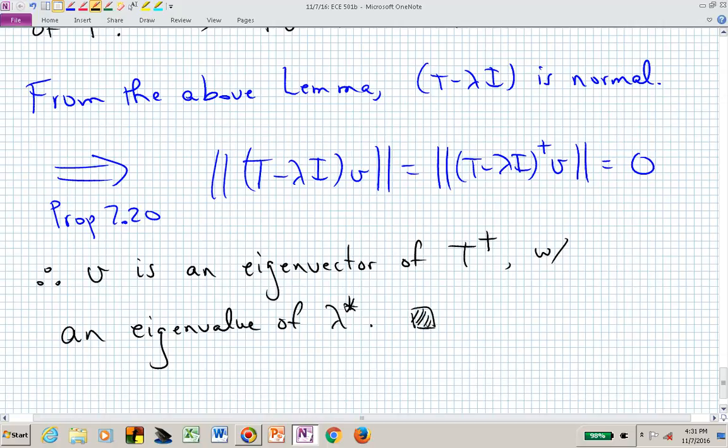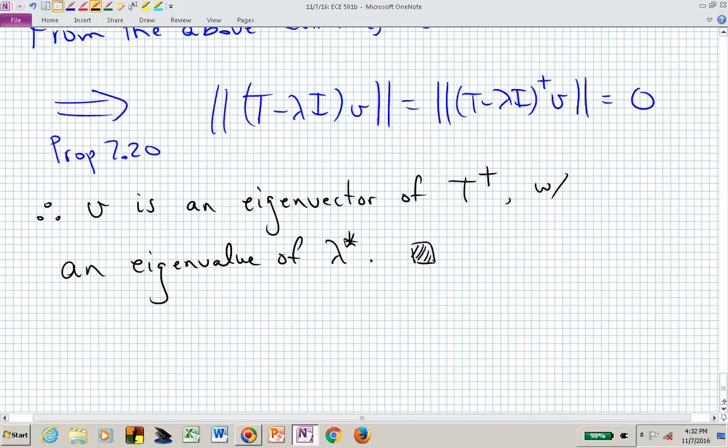And that's because since the norm of T minus lambda I dagger V is 0, we know that that's the 0 vector, so that now we have T dagger V minus lambda star V equals 0 as a relationship. And that's the eigenvalue-eigenvector relationship of that operator, which is the operator T dagger.